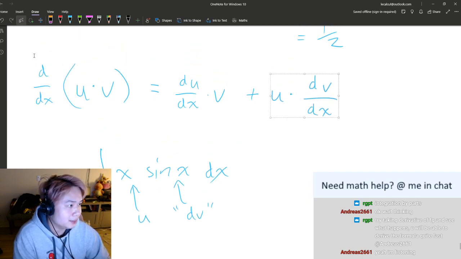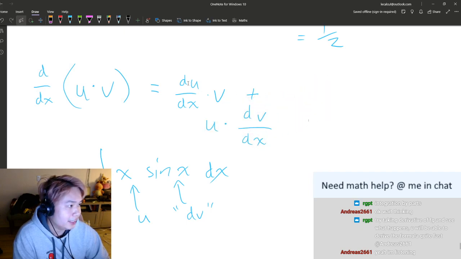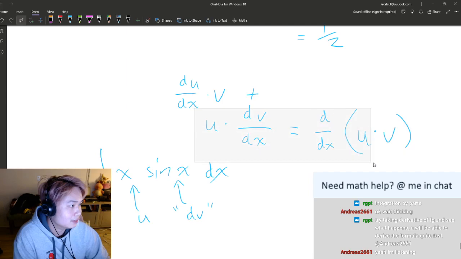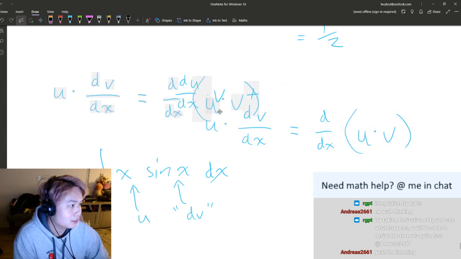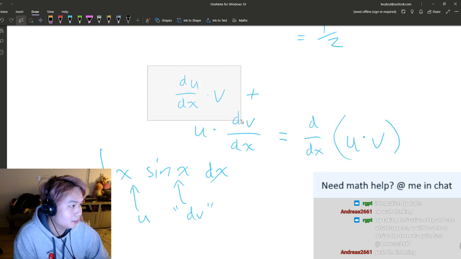So we can just do a little bit of algebraic manipulation and say that instead of trying to figure this out, I know that that is equal to, rearranging the formula, let me just move this a little bit out of the way here.